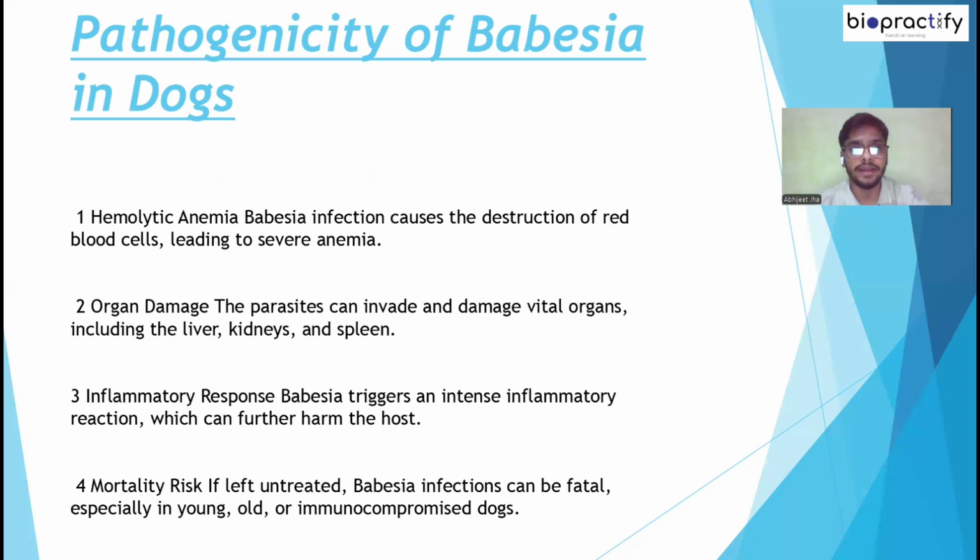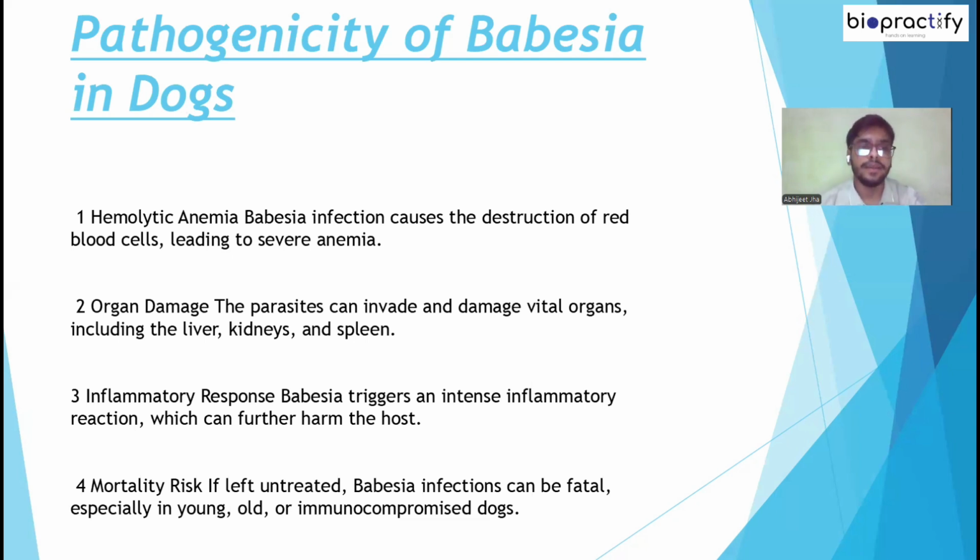Pathogenicity of Babesia in dogs. First point is hemolytic anemia. Babesia infection causes the destruction of red blood cells, leading to severe anemia. And second point is organ damage. The parasite can invade and damage vital organs, including the liver, kidney, and spleen.